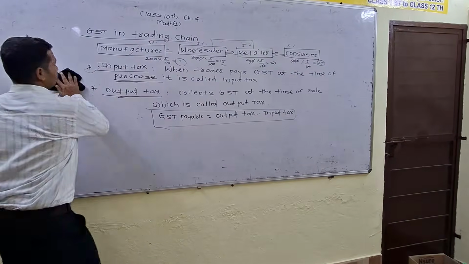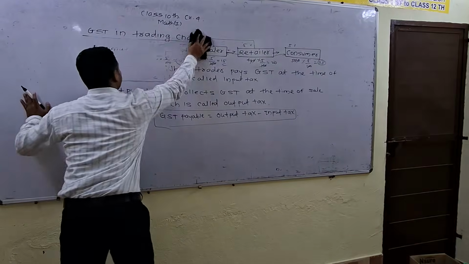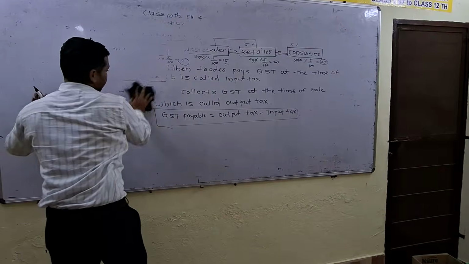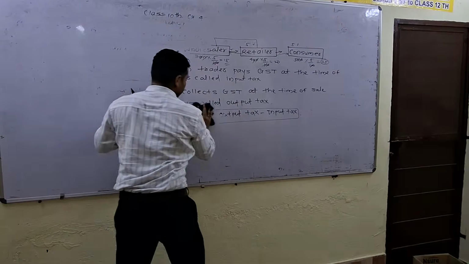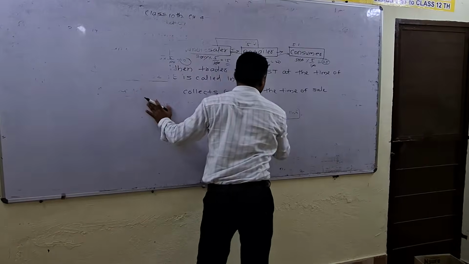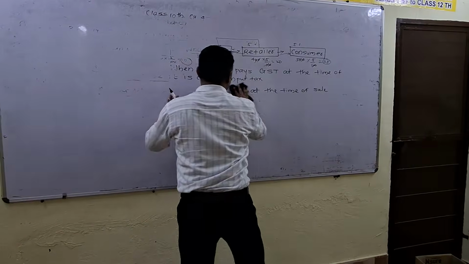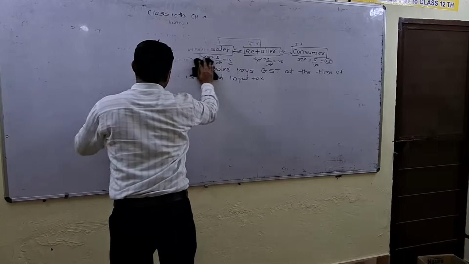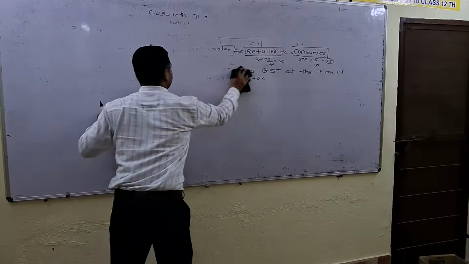Next question. Next we have a question, and each and every question we will solve here. Now it's very easy. All questions are very easy. First read properly and then find your answer.